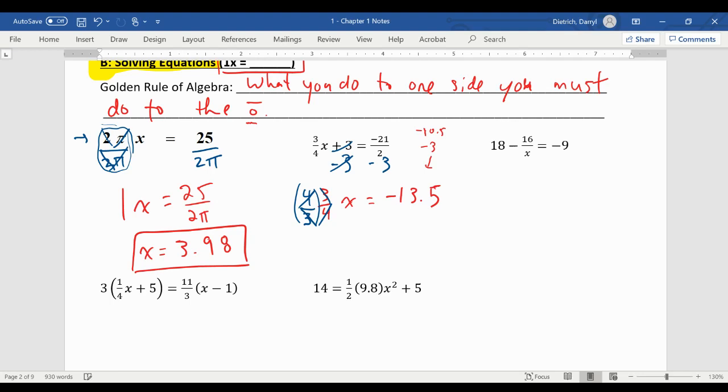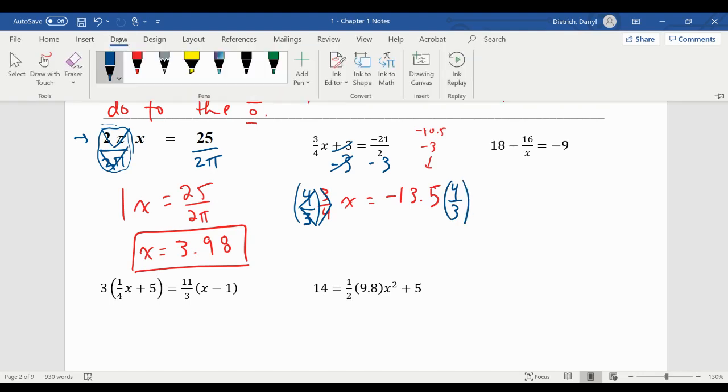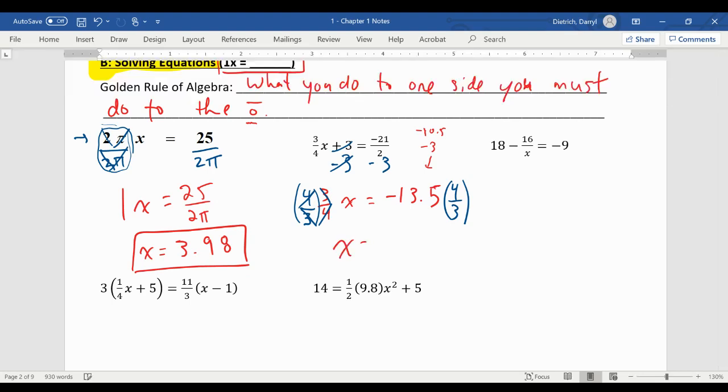Okay, and then my 3's on the top and bottom will also cancel. And then, of course, our golden rule of algebra says, hey, if you multiplied by 4/3 on the left, you must do that on the right. And our answer becomes negative 13.5 times 4 divided by 3, which should get to a negative 18 answer.